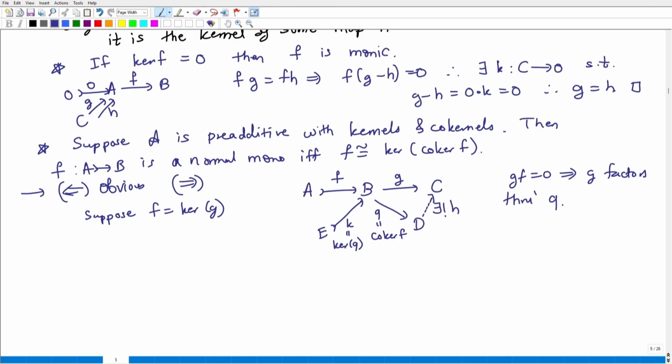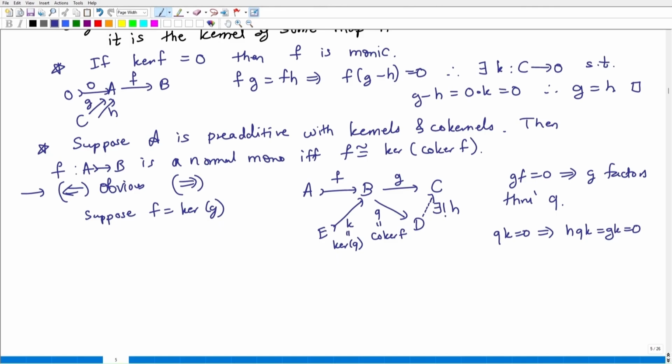Now similarly we should talk about this. So QK is equal to 0, because K is the kernel of Q. Therefore, HQK, which is actually G K, is also equal to 0.